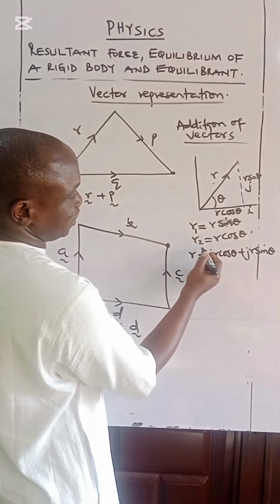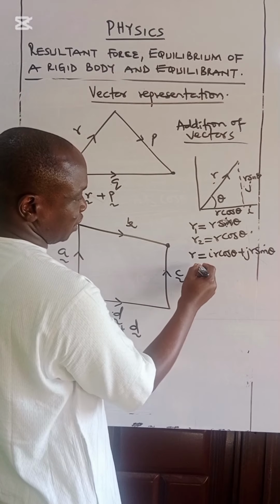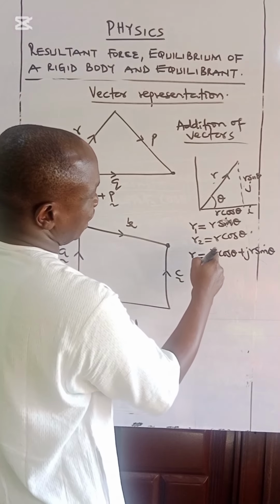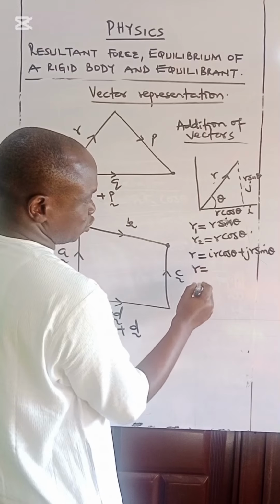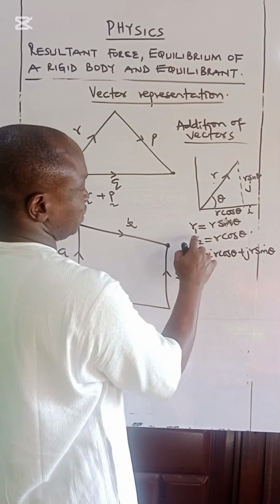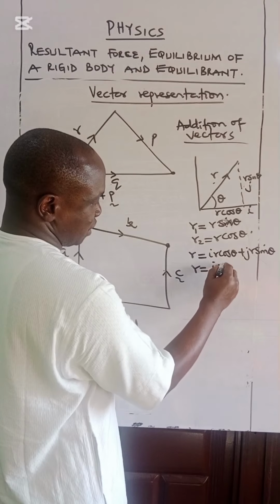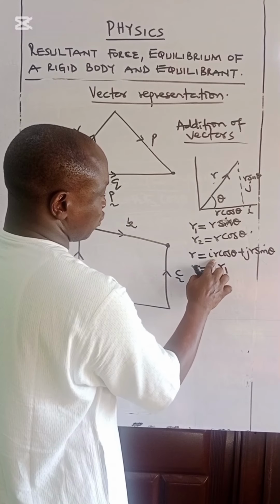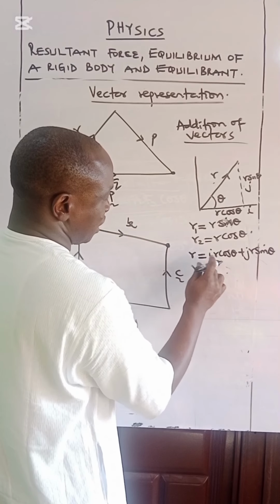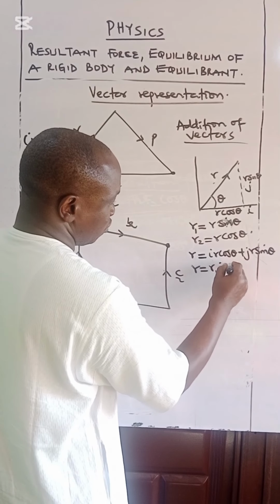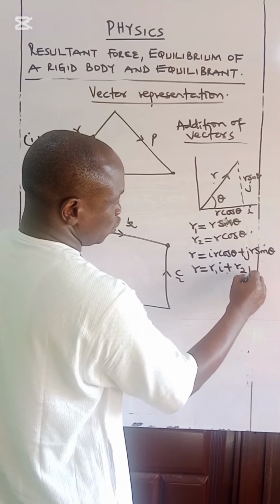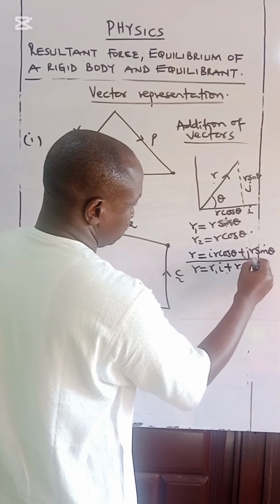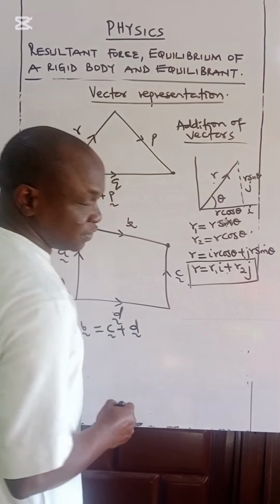Anywhere you see R1, call it R sin theta. Anywhere we see R2, call it R cos theta. So vector R is equal to R cos theta, which is R1, I, plus R sin theta, call it R2 J. It can be written like this.